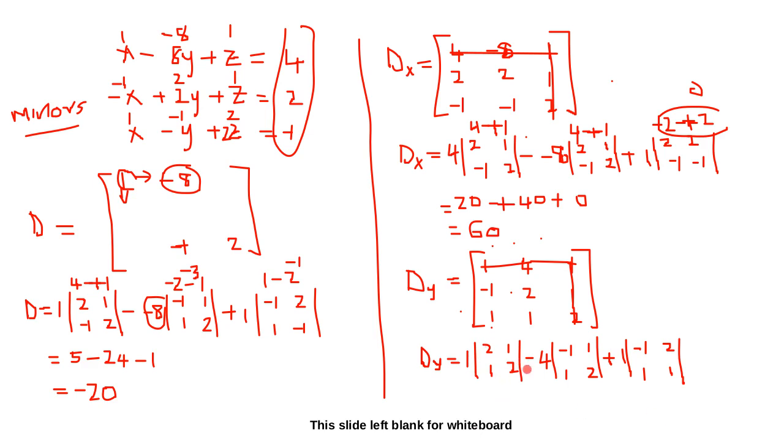So we expand this. So we have 2 times 2, the elements in the leading diagonal. That will be 4, then minus 1 times 1, which is 1. So 4 minus 1 is 3. 3 times 1, that will be 3.